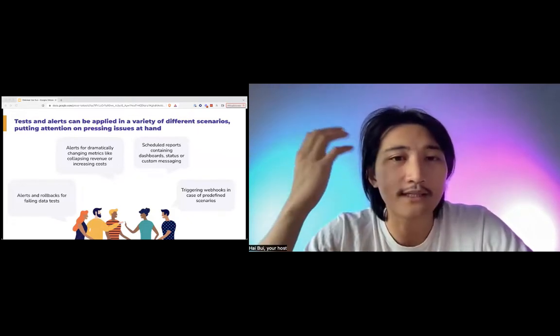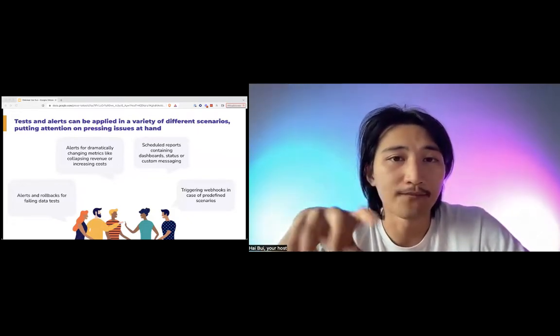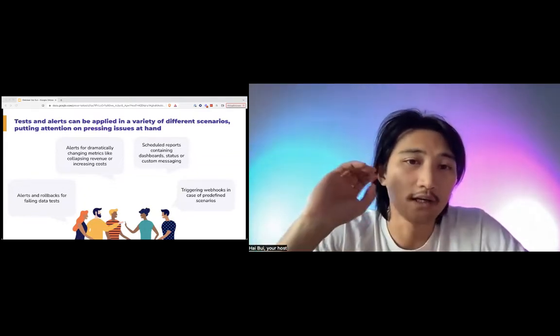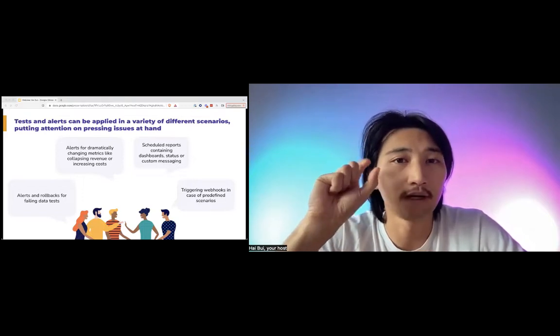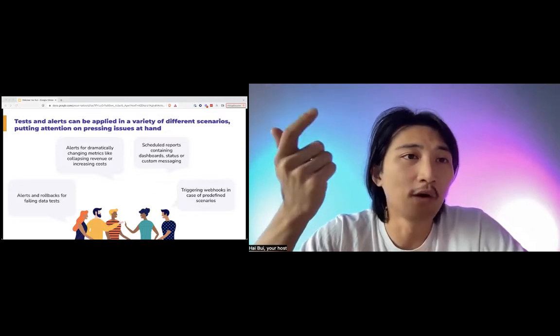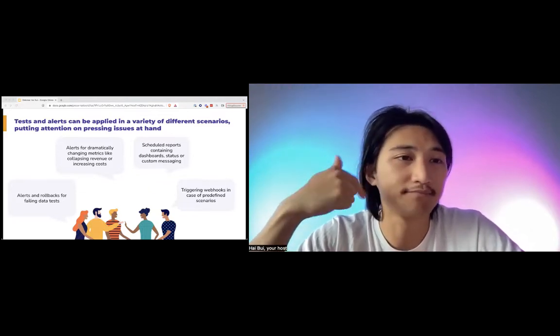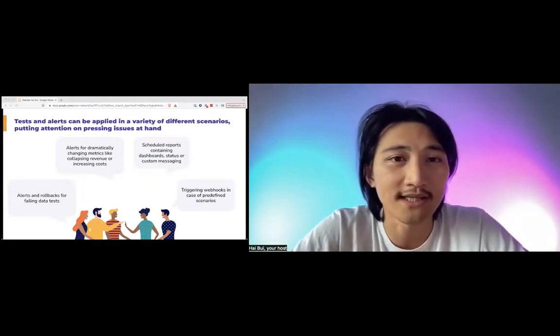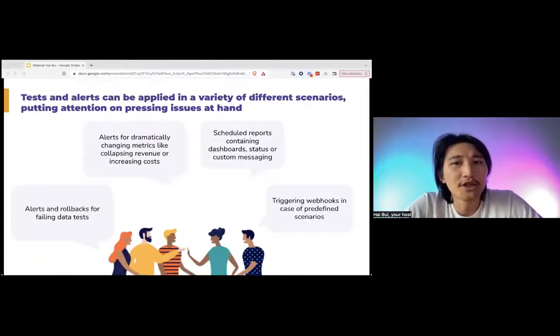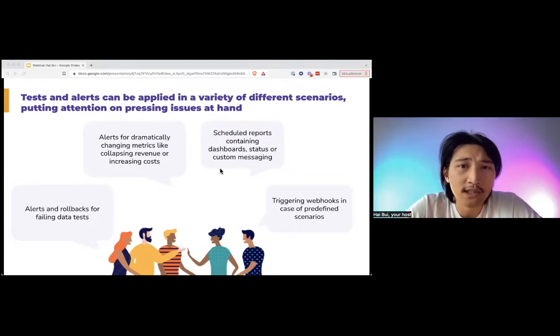Like, for example, send me an alert when the revenue falls below 50% of last month, or if the revenue of the US region is lower than the revenue of the Europe region or something like that. We want to send out regular engineering and business reports or dashboards, and we want our users to be able to trigger webhooks based on some predefined scenarios.